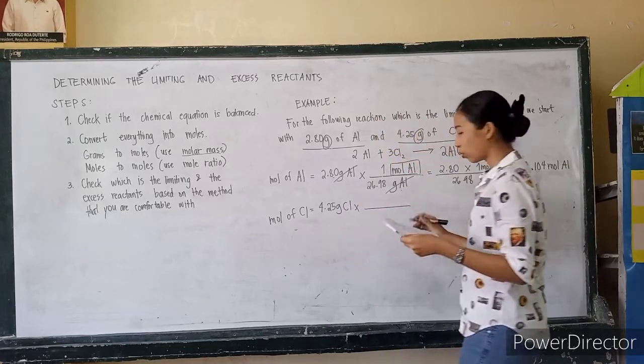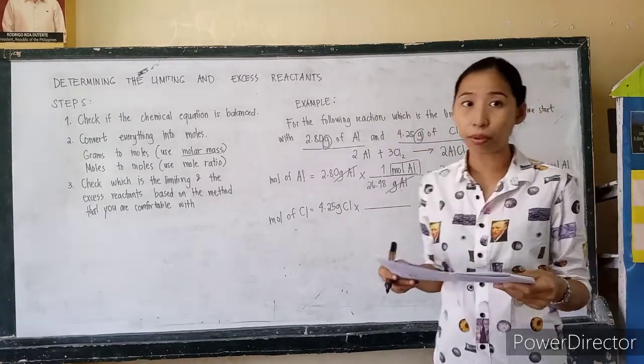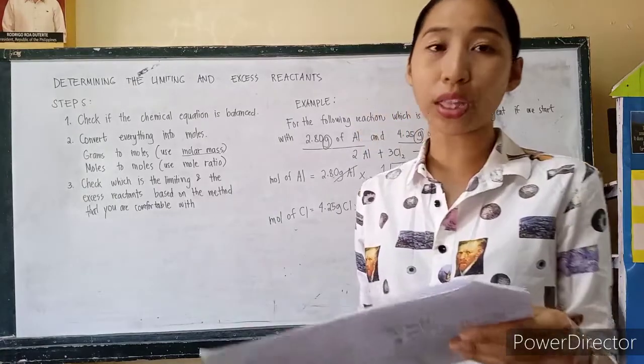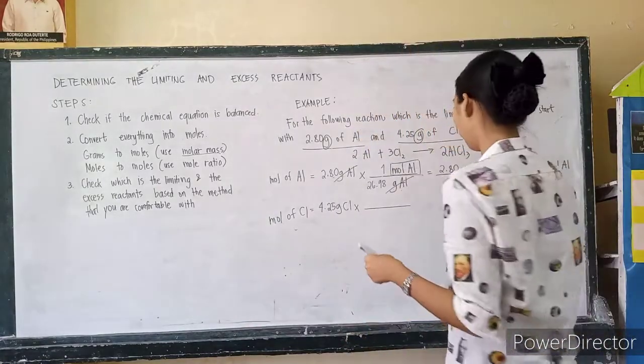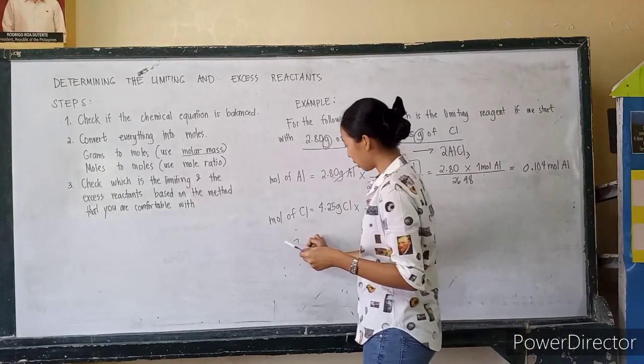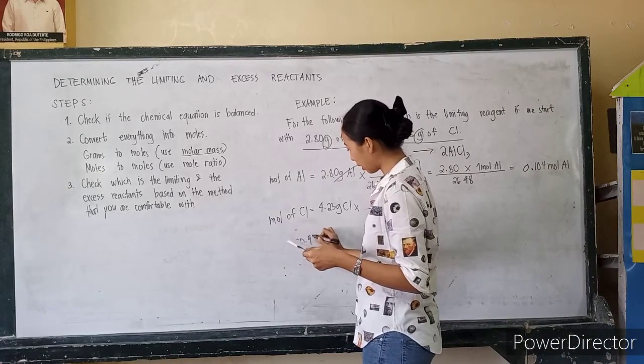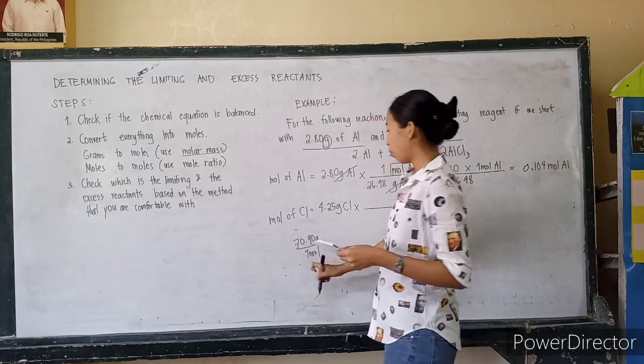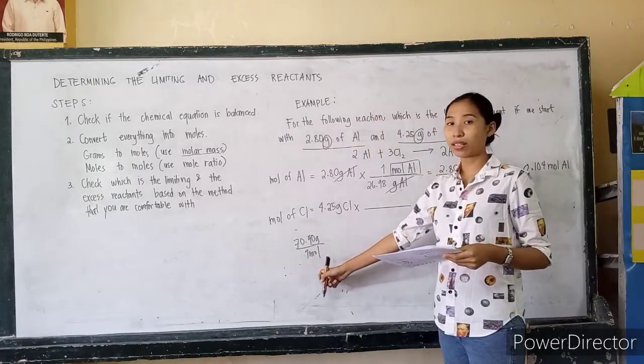Times, if we use our periodic table, the molar mass of chlorine is 70.90 grams per mole. I will repeat, this is 70.90 grams per mole, the molar mass of our Cl.